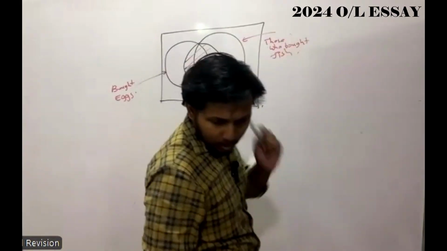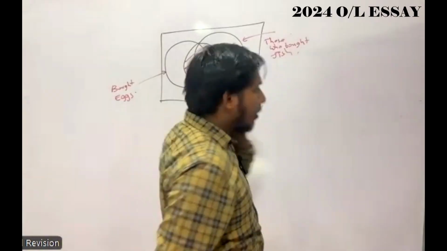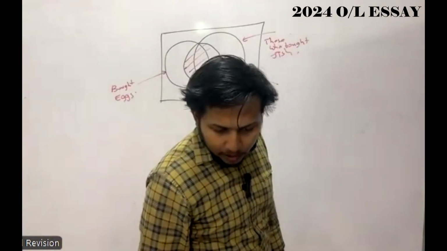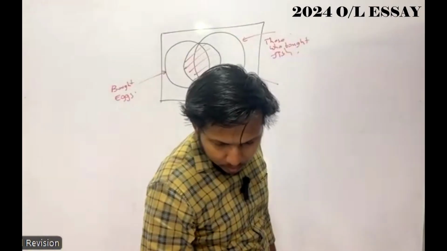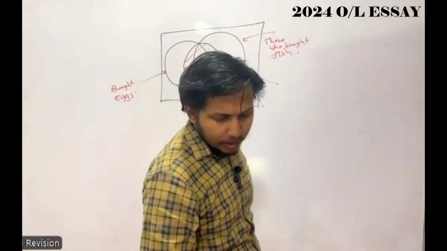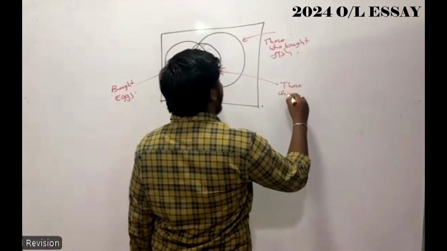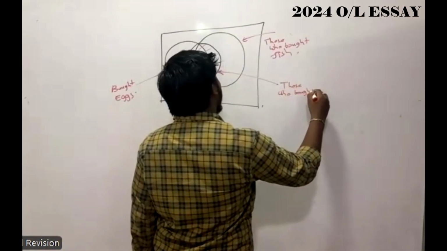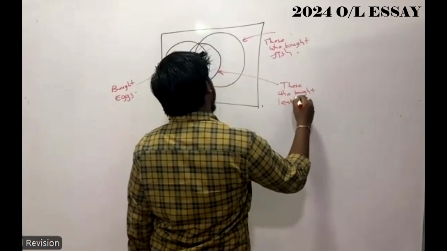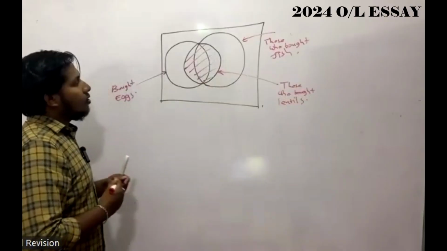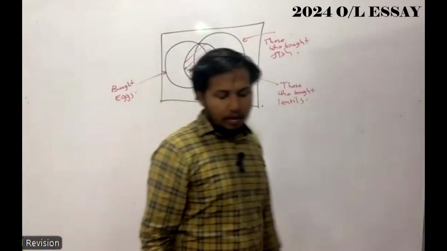And the middle part, they have given those who bought lentils. The shaded section is those who bought lentils. So this is the diagram that they have given.